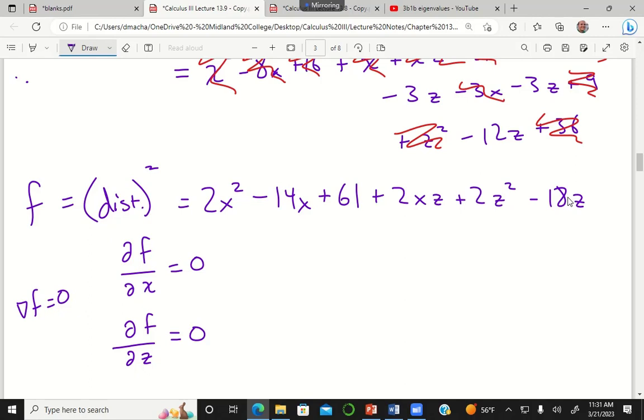So, the partial derivative of f with respect to x is going to be 4x minus 14 plus 2z. The partial derivative with respect to z should be 2x plus 4z minus 18.